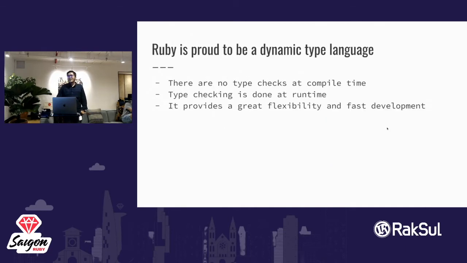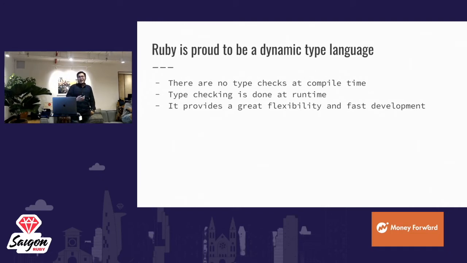In Ruby, it's really easy to implement something. You can literally implement a working e-commerce website in a weekend, because Ruby is a really flexible language. It is really fast to develop, and to do that, Ruby is a dynamically typed language.